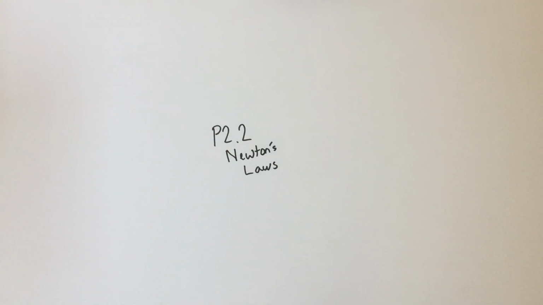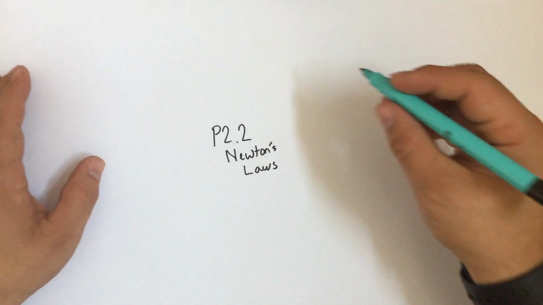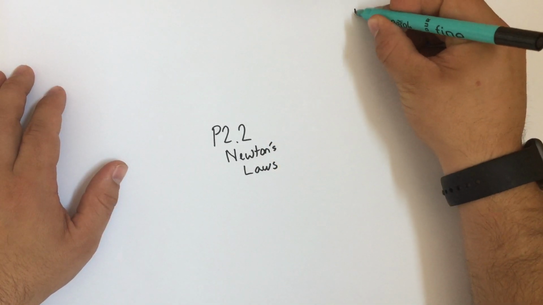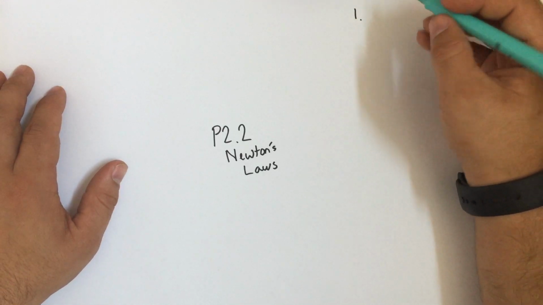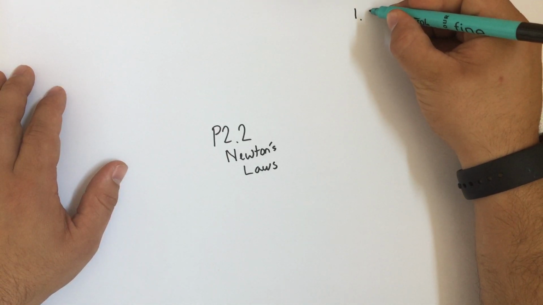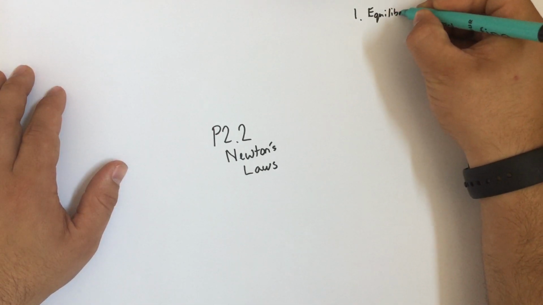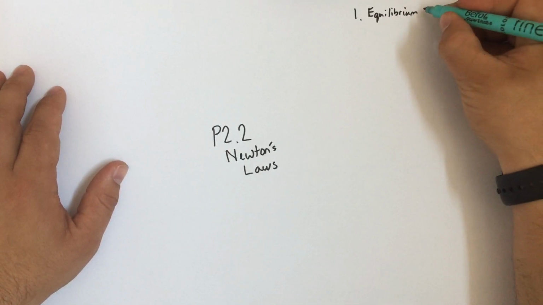So the first thing you need to know is some absolute basics about Newton's laws themselves. Newton had 3 laws of motion. The first law of motion is that an object at rest or in constant motion, which we call being in equilibrium, will stay at equilibrium until acted upon by an unbalanced force.